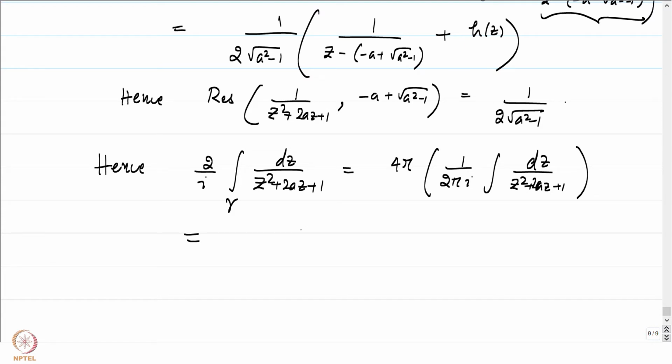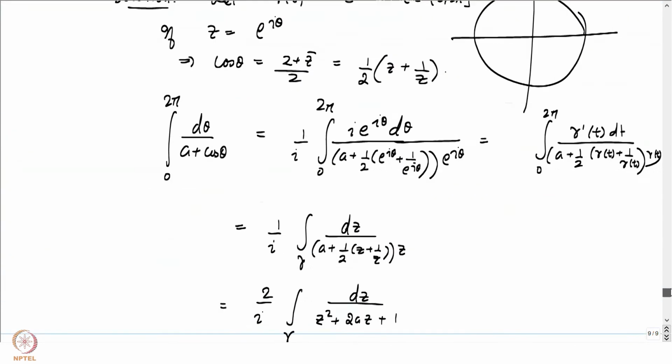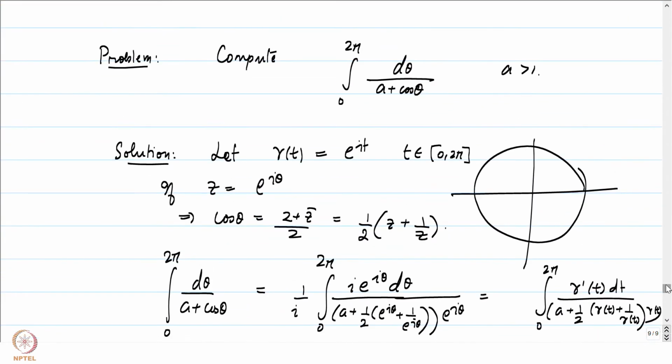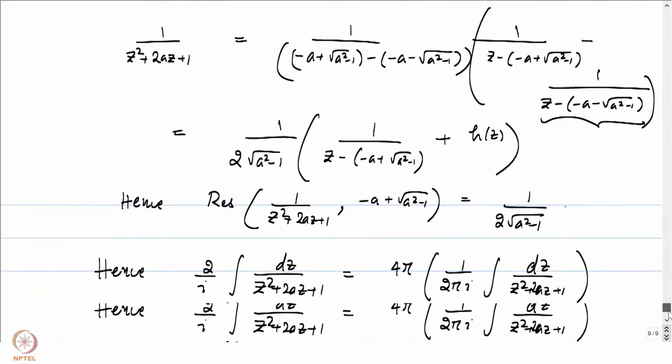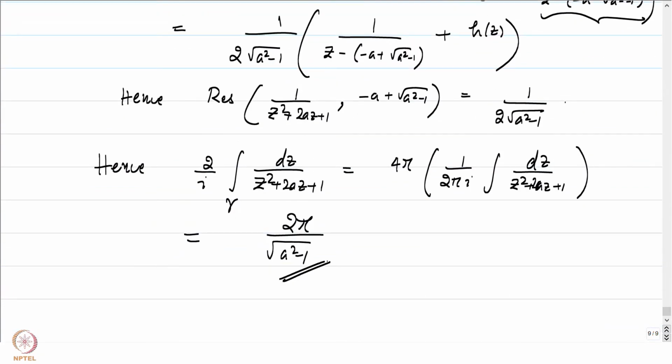This is going to be equal to 2 pi by square root of a squared minus 1. If you notice, it is remarkable that a purely calculus problem was reduced to a problem on the complex plane, and the theory of residues was used to compute the answer.